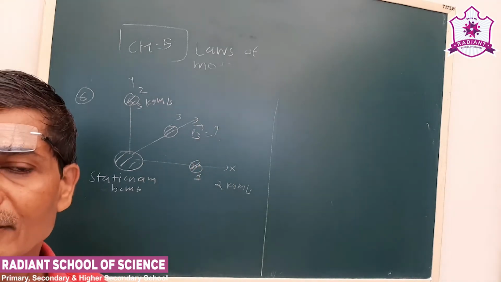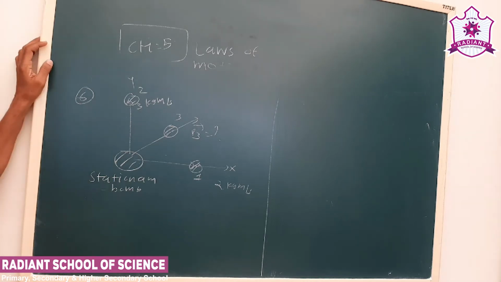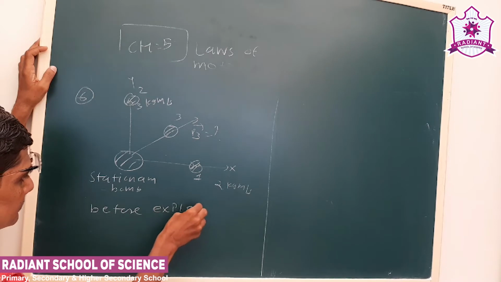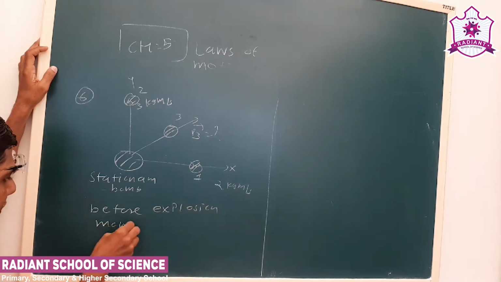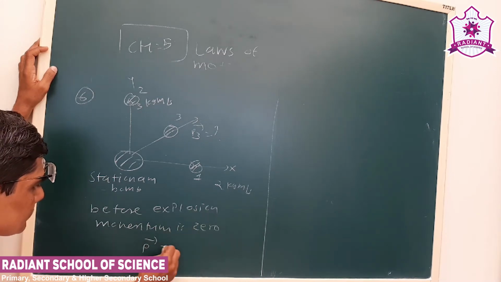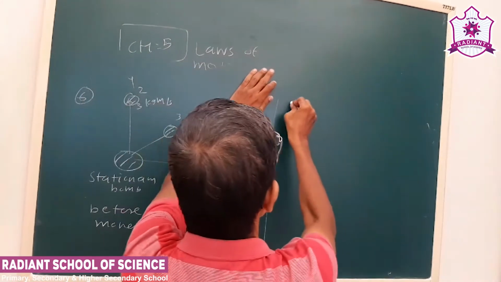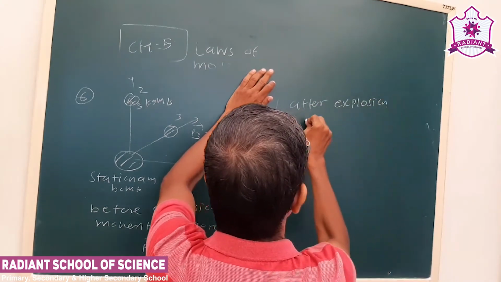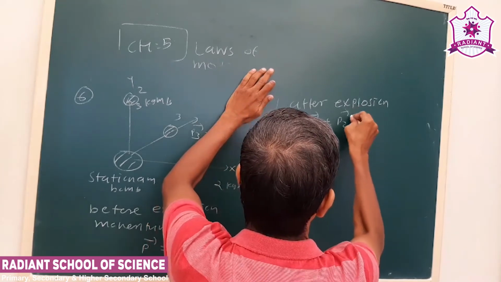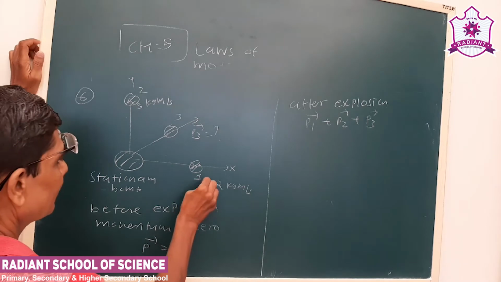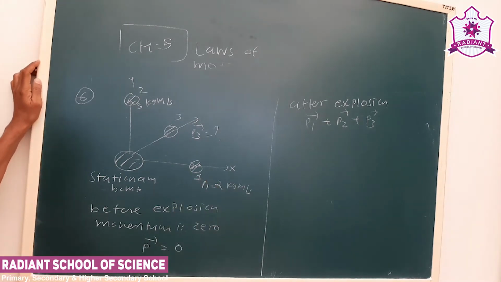Here we have to use the law of conservation of linear momentum. Before explosion, momentum is 0. After explosion, there are 3 parts, so we take P1, P2 and P3. P1 is given as 2 kg meter per second in the x direction.